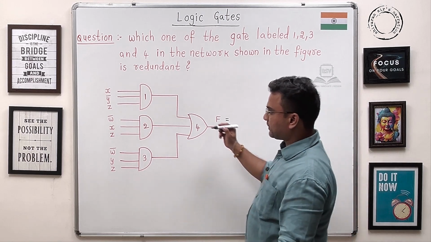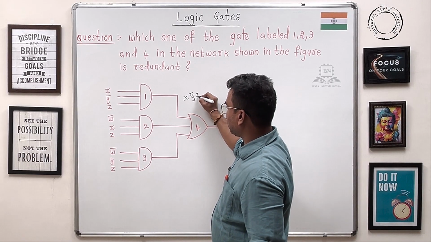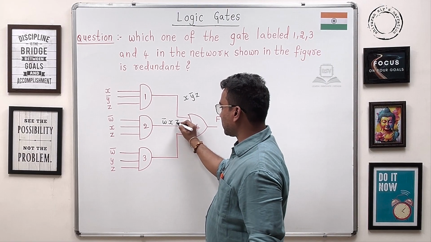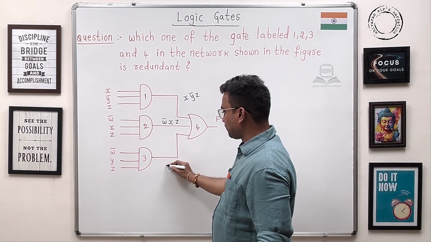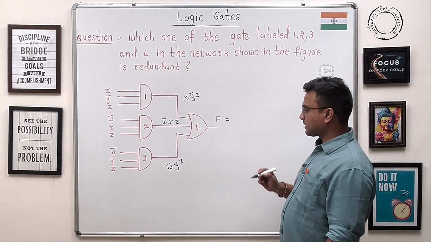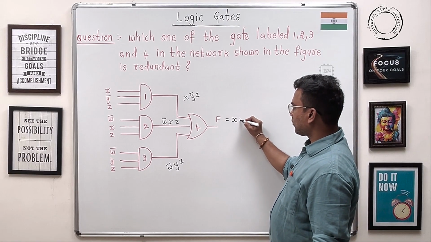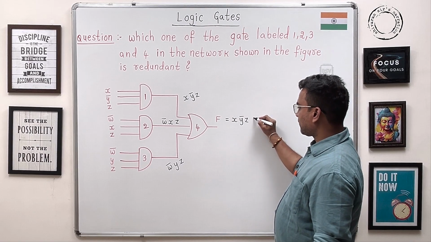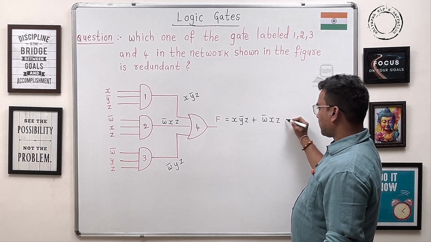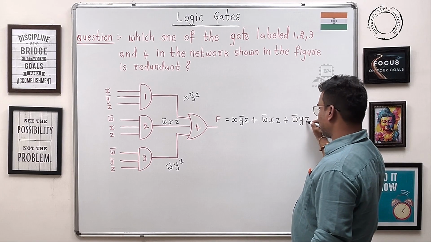If you write down the expression, this is x, y bar, z. This is w bar, x, z. This is w bar, y, z. Now if you take this, it is x, y bar, z plus w bar, x, z plus w bar, y, z.